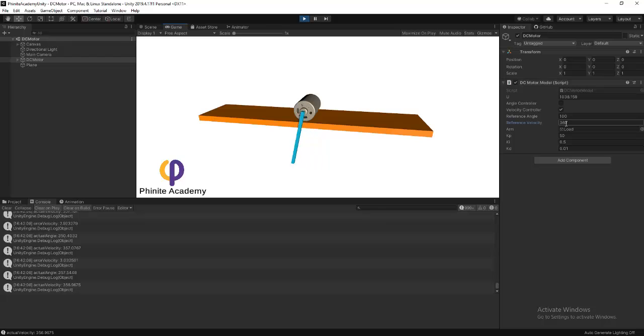If I give the program 360 at this time, then one rotation in 1 second can be seen in this position. If I update this value to 720, then in 1 second this motor makes 2 rotations, okay?